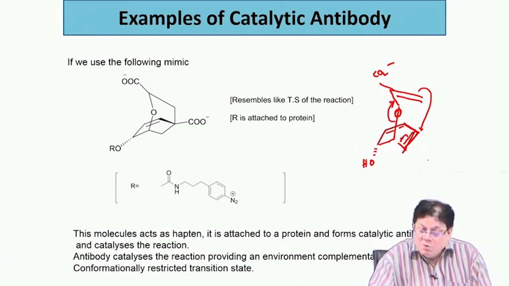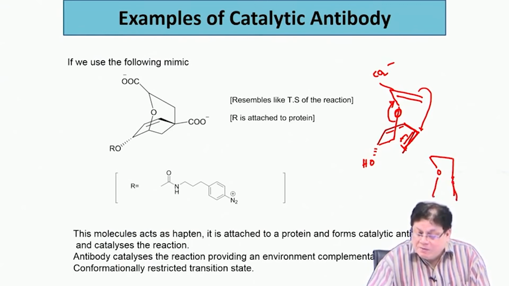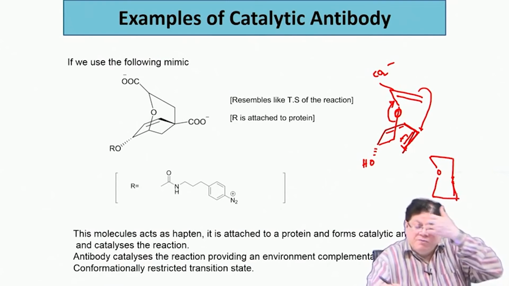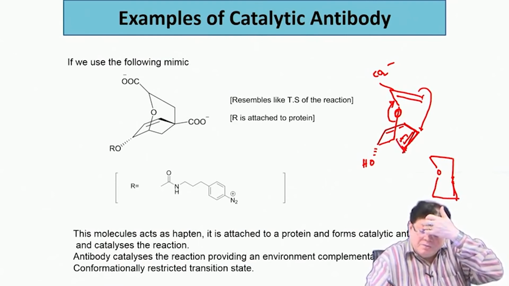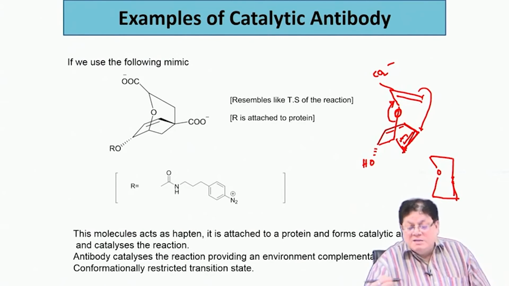Okay. So, what you have is oxygen, then this, then you have this, something like this. It's close to a chair if you look at this position, more or less like a chair.